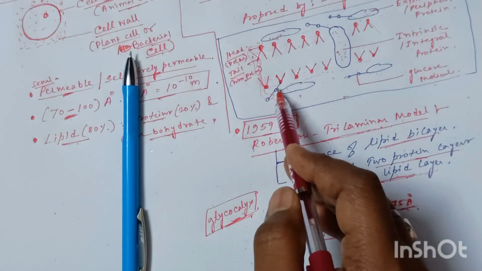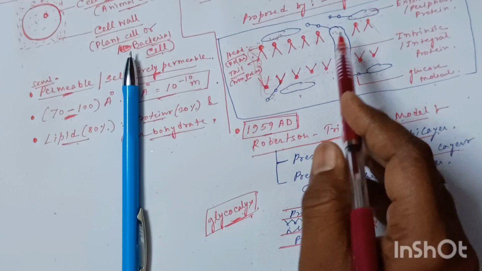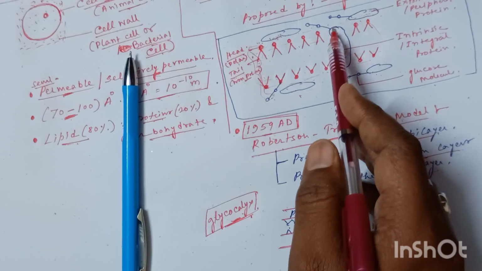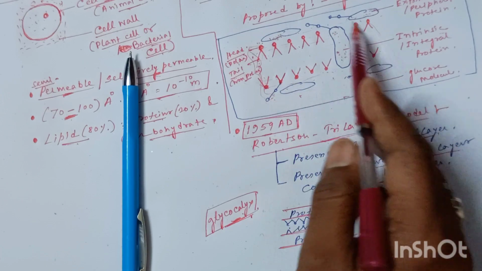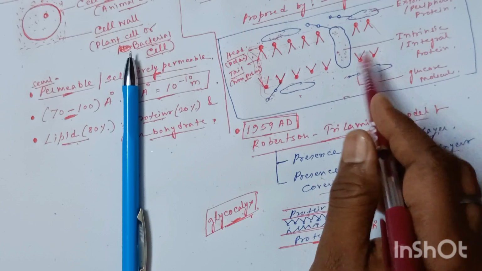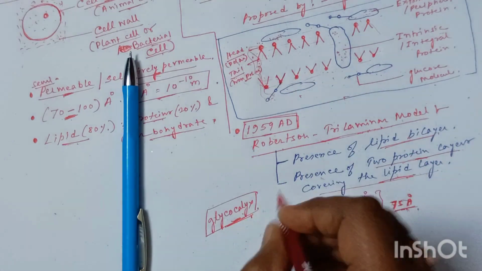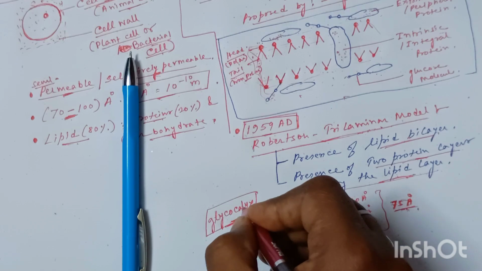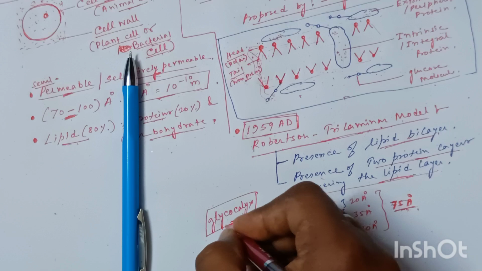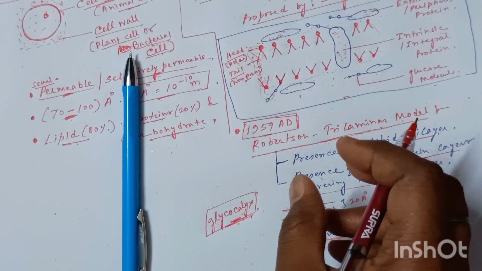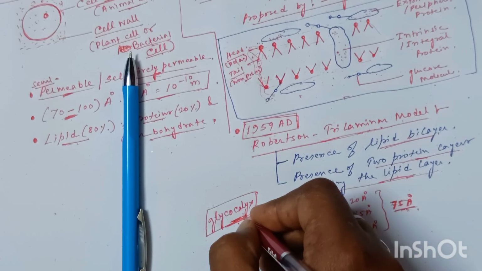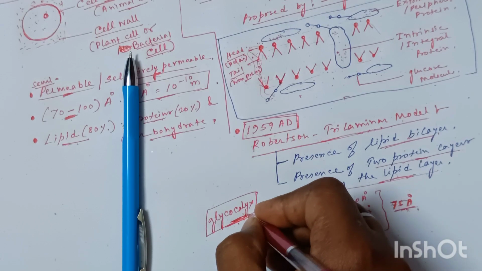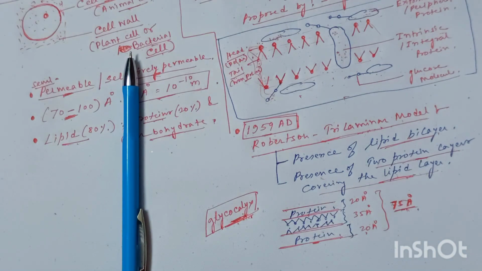Carbohydrate covering means the glycoprotein part of extrinsic and intrinsic protein and the glycolipid part, which form a carbohydrate covering around the cell, and which is known as glycocalyx. The main function of glycocalyx is to recognize foreign protein and to protect the cell from outside digestive juice, which can digest the cell also. So this is the structure of glycocalyx and this is the function of glycocalyx.